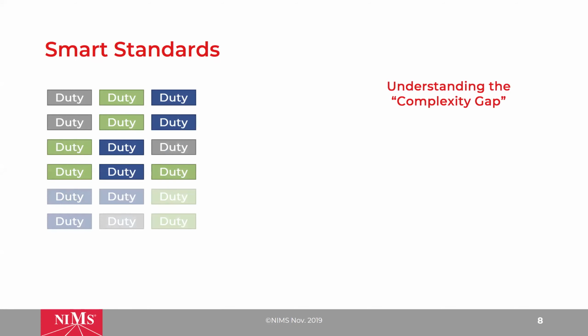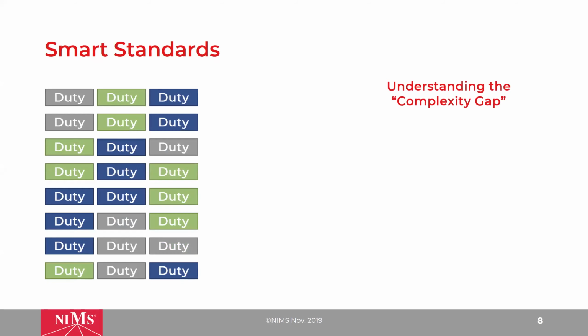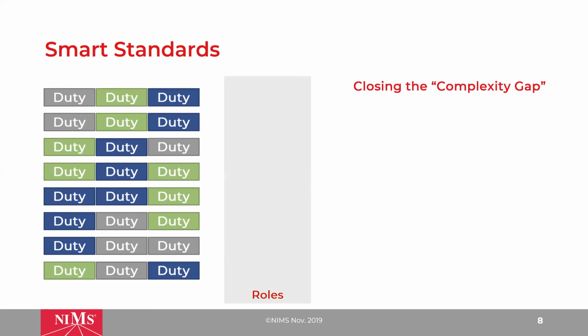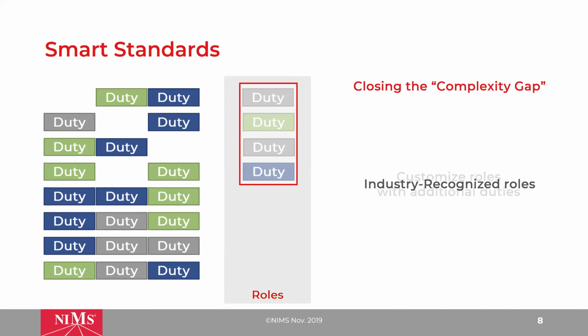So the understanding of the complexity gap, you're seeing duties continue to stack within an occupation. You also notice that they expanded on your screen because not only are we adding more duties or responsibilities, the duties and responsibilities themselves are getting more complex. So the way organizations are mitigating through this is defining industry recognized roles, which is a smaller scope of the occupation.